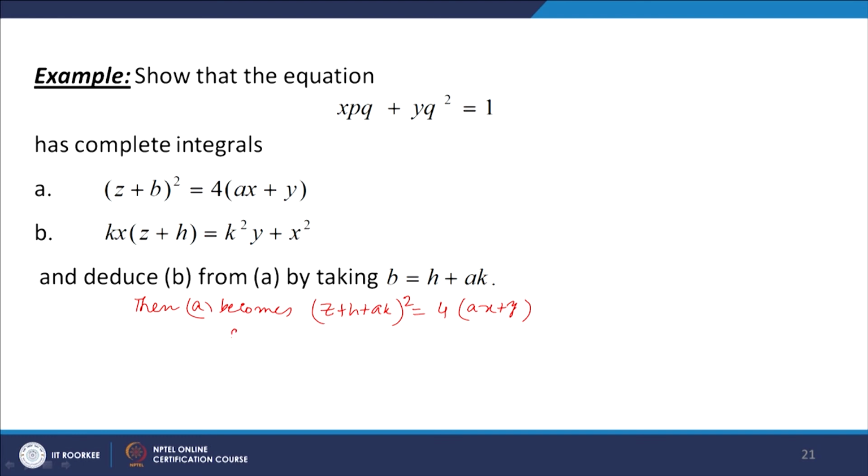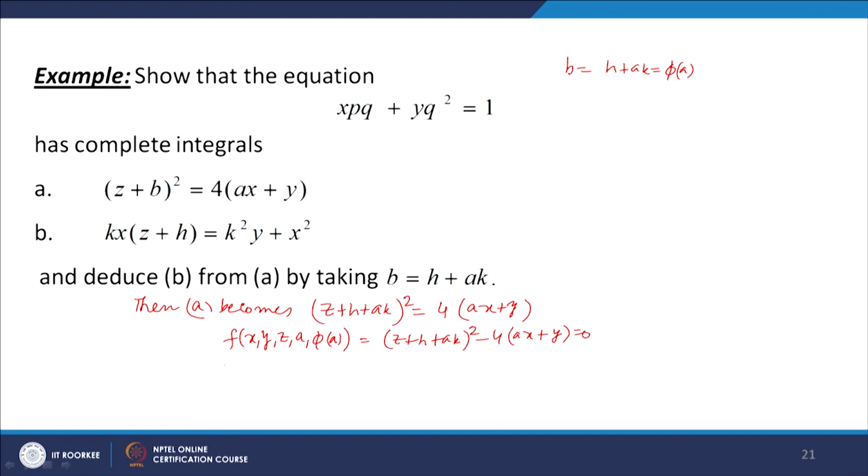We can write f x y z a phi a, because we are writing b as phi a, b equal to h plus a k equal to phi a. So, f x y z a phi a will become z plus h plus a k whole square minus 4 times a x plus y equal to 0.